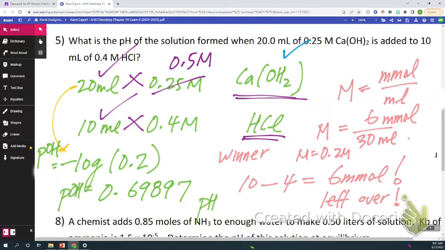So the pH is equal to 13.3. Answer kind of makes sense. The base did win. If I did it right, the base won, and so the pH should be over 7 for sure. Over 7, remember, is a base. Under 7 is acid.